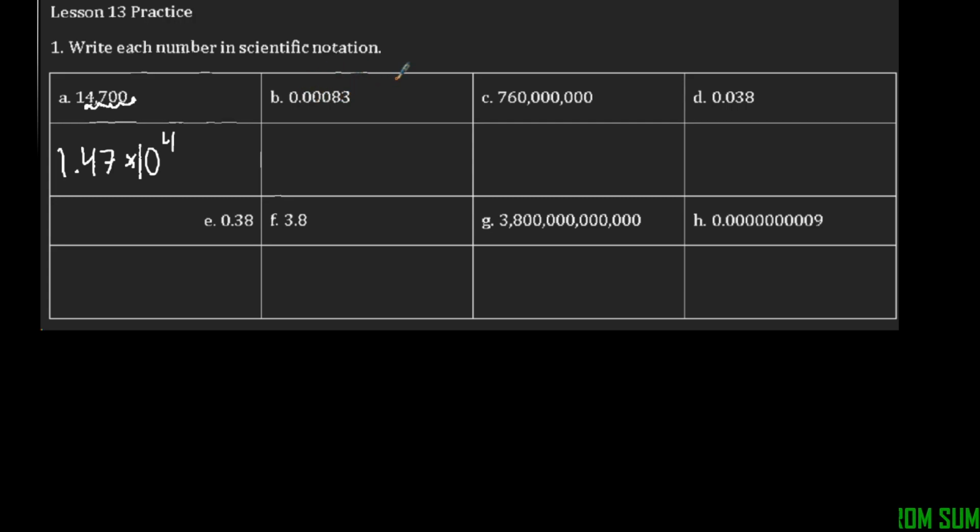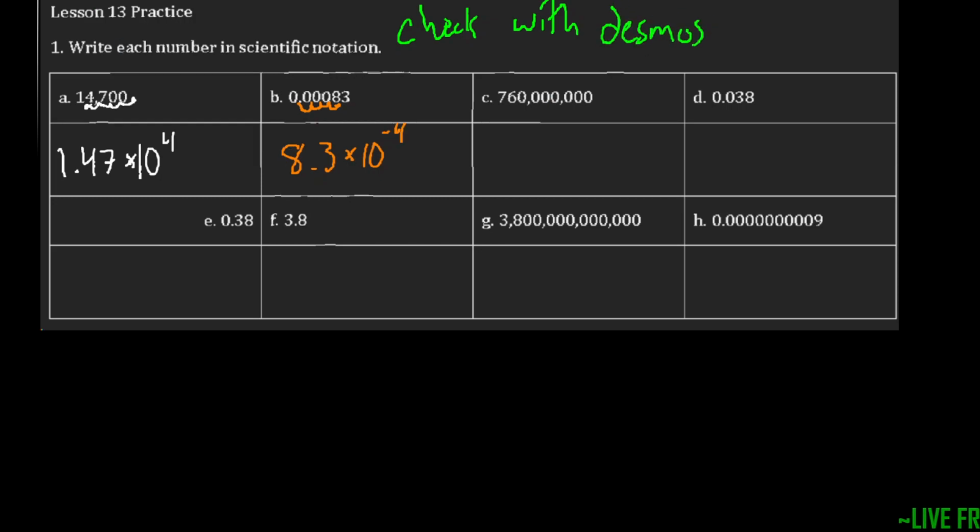For this one, my exponent is going to be negative because I have a small number. So I'm going to say I have 1, 2, 3, 4 times like that. So I have 8.3 times 10 to the exponent negative 4 this time. So make sure you can also check with Desmos if you need to see that expanded form or scientific notation.